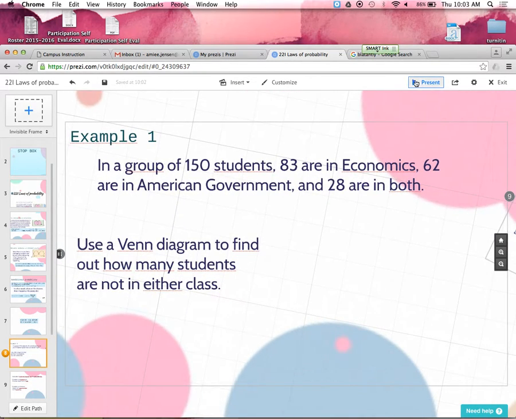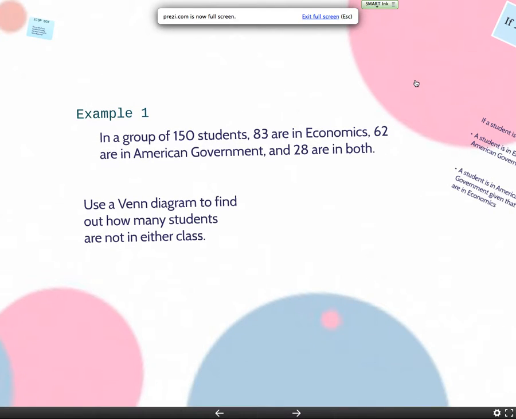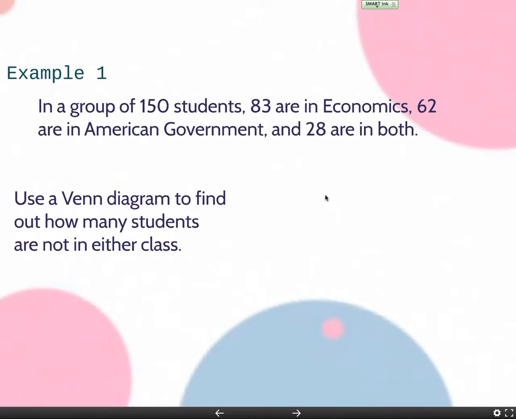So have you guys started your Venn diagram yet? No, seriously. I just thought of a way to make the next example question better, so I just quick changed it.